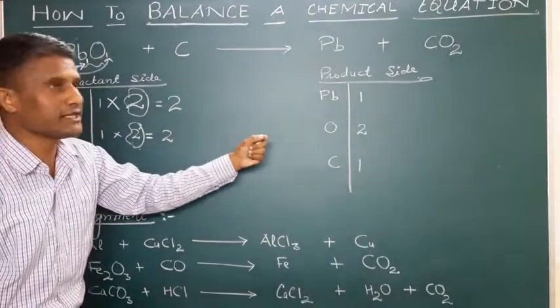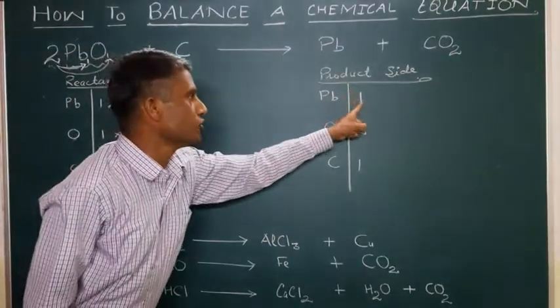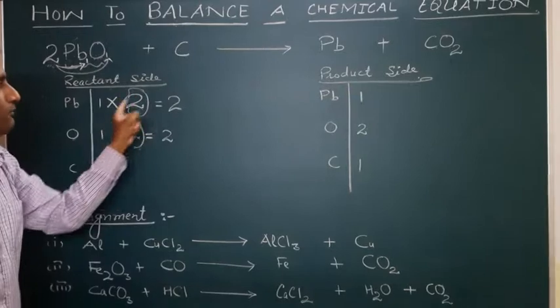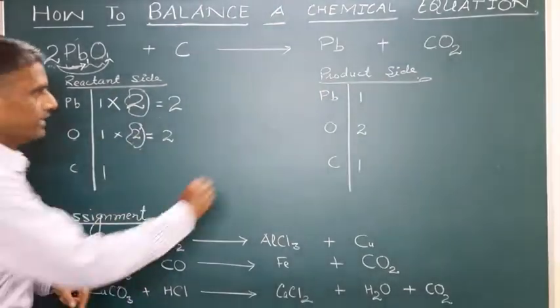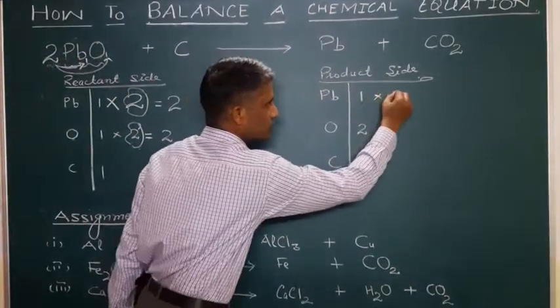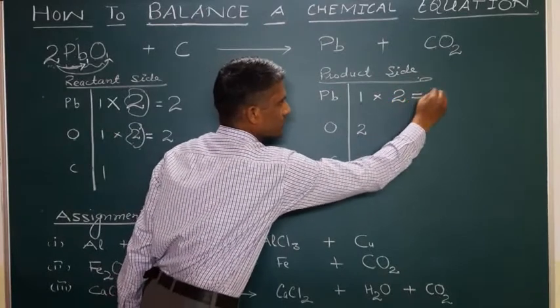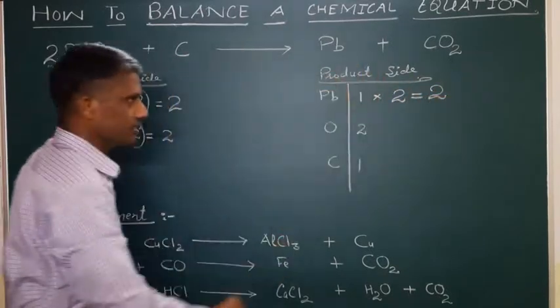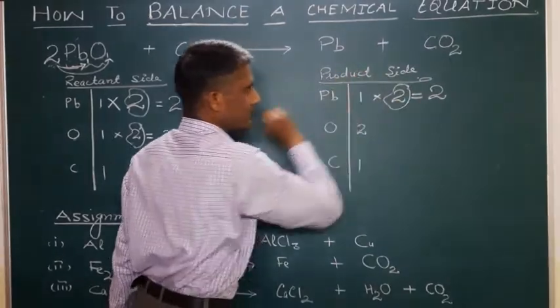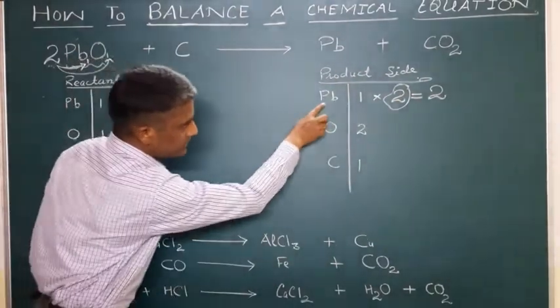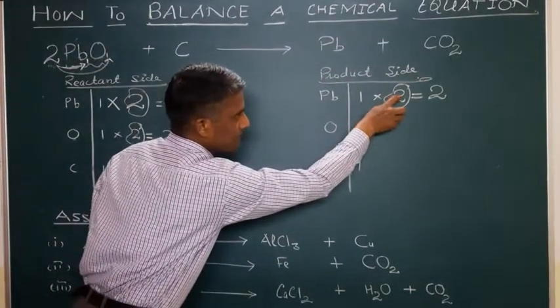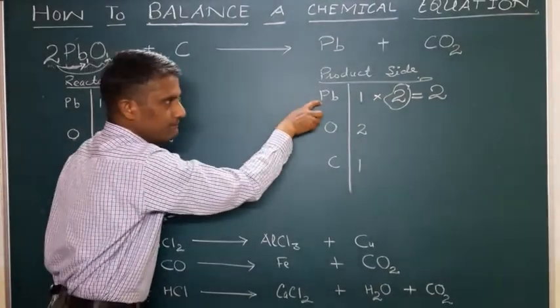So what to do then? We are going to ensure that the number of atoms of lead on both sides stays equal to one another. Simply speaking, 1 is going to be multiplied by 2 so that it can become 2 here. So this is the 2 multiplier, used as a multiplier for lead.